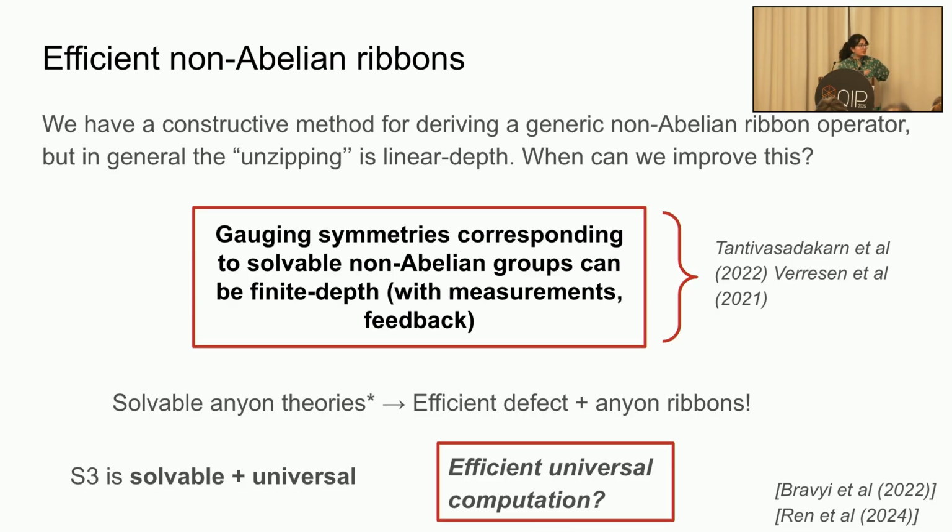One particular case to point out is that this S3 quantum double model, the generalization of the toric code to the symmetric group on 3 elements, is an example of a solvable group. And it's also universal for quantum computation. So all of the gates inside this universal topological model could theoretically be made very efficient this way.